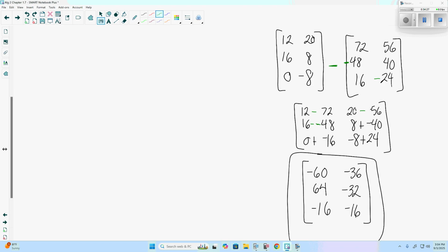Well, a negative and negative make a positive. So we're back where we were. 8 minus 40. 0 minus 16. And then lastly, we would have 8 minus -24. The negative and negative would be plus. And we get the exact same answer. Do we kind of see how that works? It doesn't matter which one we pick, you've got to pick one or the other.